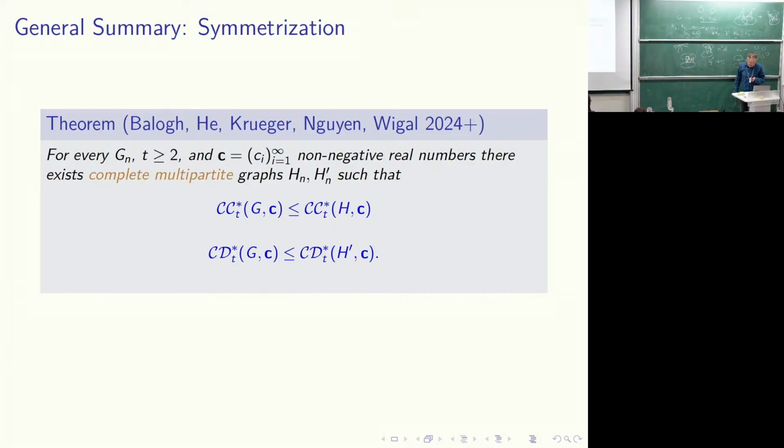So some of the general results that we proved is that for both the decomposition problem and the covering problem, the symmetrization arguments work, so that from a general graph we can reduce the problem to a multipartite graph.